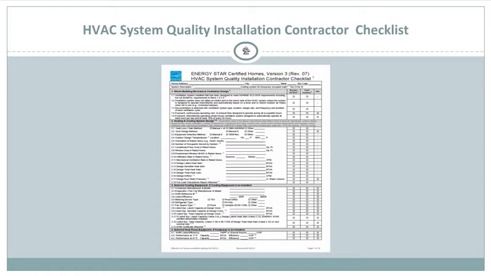As we go down the checklist, you're not going to get every part of this in the units that you're building. If you're putting in a forced air furnace, or a heat pump, you're only going to deal with those sections of the checklist and then some of the sections at the very bottom. You're only going to be filling out the parts that relate to your particular unit.